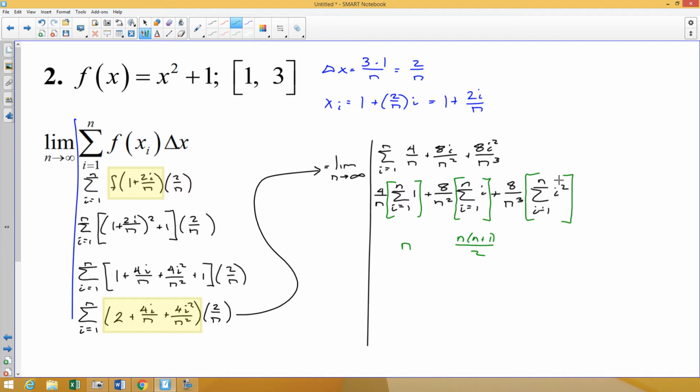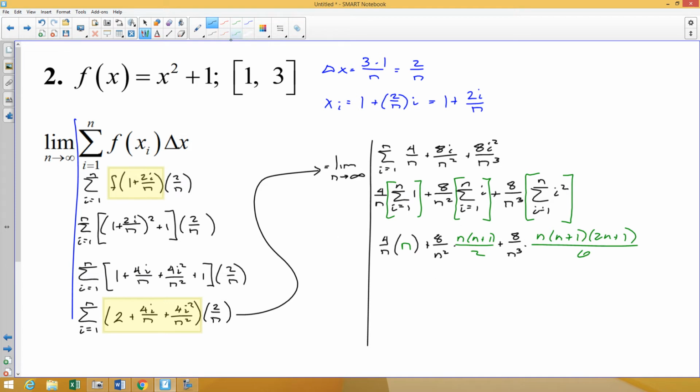And then the sum of the first n squares, this is the ugly one, is n times (n plus 1) times (2n plus 1) over 6. And then don't forget that the 4 over n comes along with it, plus 8 over n squared times that, plus 8 over n cubed times this one.